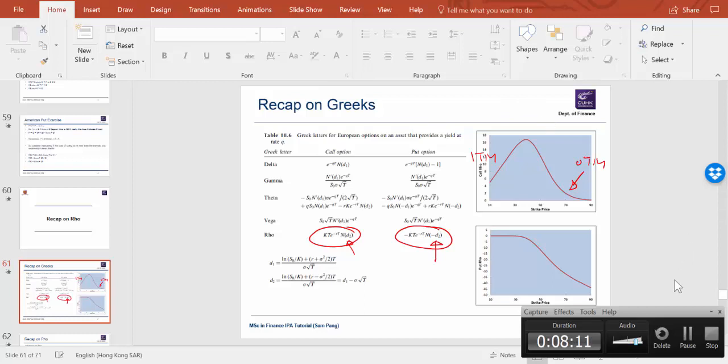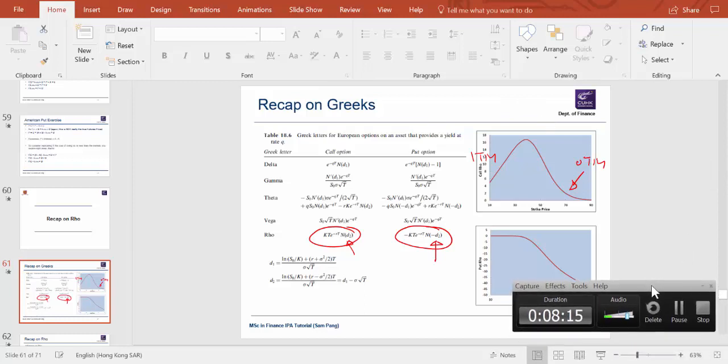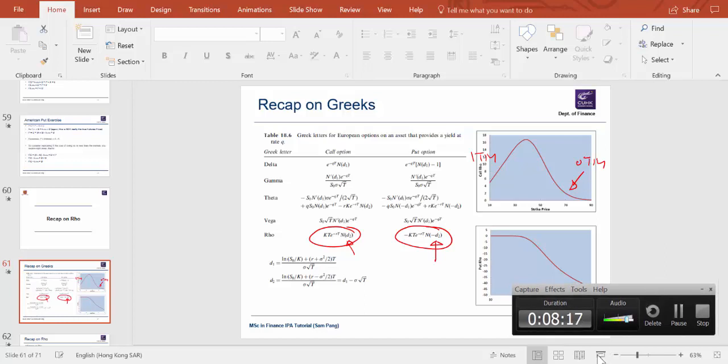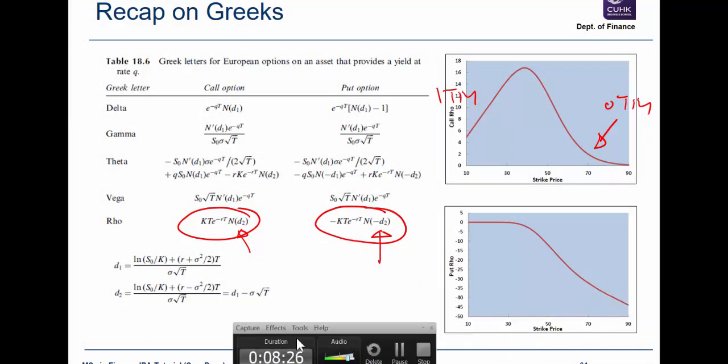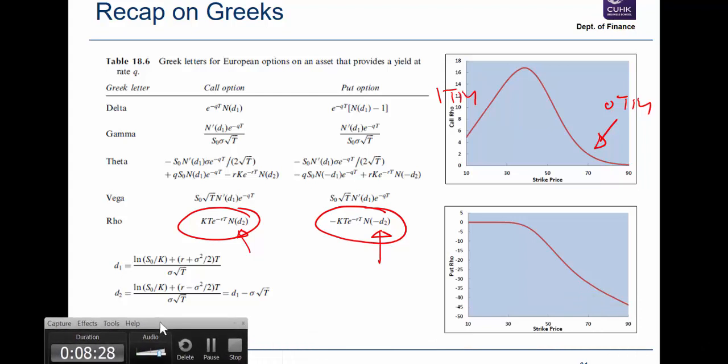Now I don't want to waste your time explaining in detail why these diagrams are the way they are. In fact, if you really want to know, these are diagrams for the rho of a call and the rho of a put.